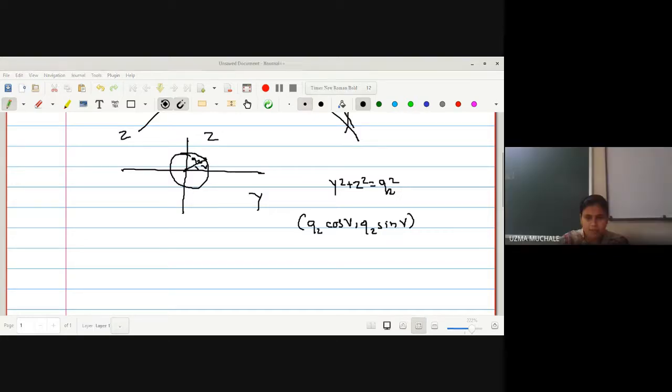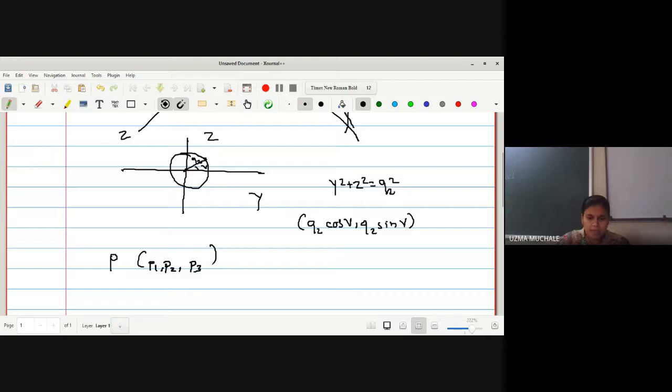Now we have to find out the coordinates on the 3D object, which is a subset of E3 space. For that, in the last lecture we considered that P is the point with coordinates say P1, P2 and P3.